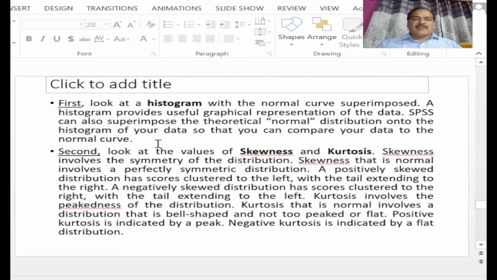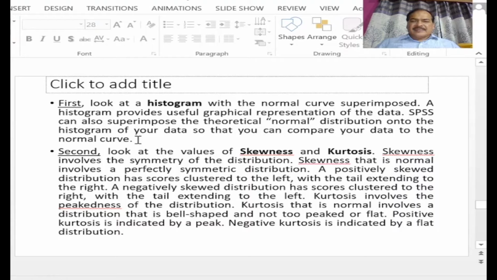to the normal curve. Another very important pair of values are the skewness and the kurtosis values. Skewness involves the symmetry of the distribution, while kurtosis talks about the peakedness or the flatness of the curve.